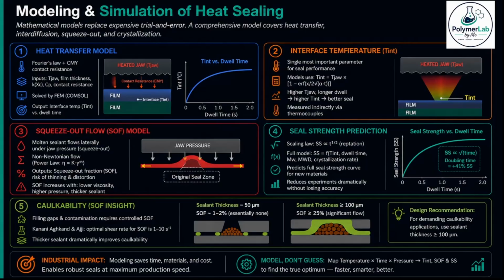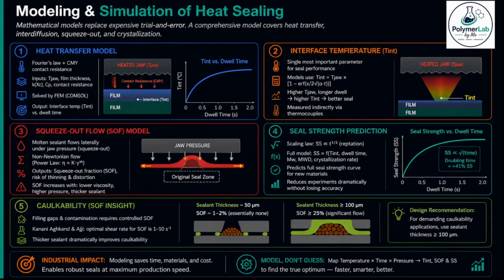A comprehensive heat sealing model needs to cover four components: heat transfer from jaw to interface, molecular interdiffusion, squeeze-out flow, and crystallization after jaw opening. No single published model covers all four simultaneously, but each component has been modeled separately, and the results are very useful.